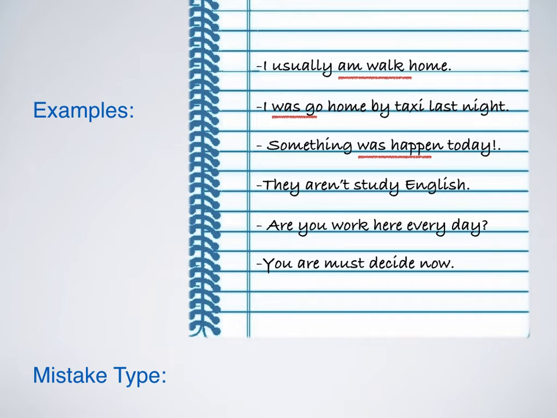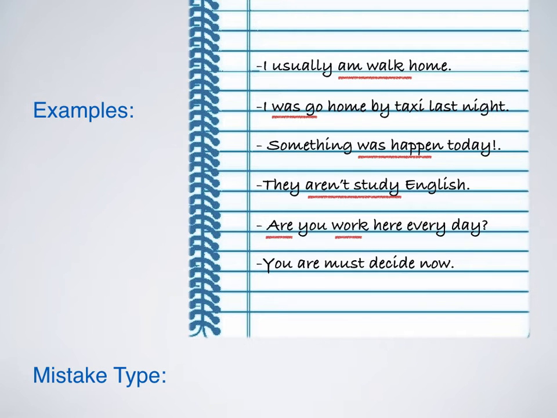Next, what is this? They don't study English, or they aren't studying English. Your teacher can't help you with this either. And the next question has the same kind of problem.